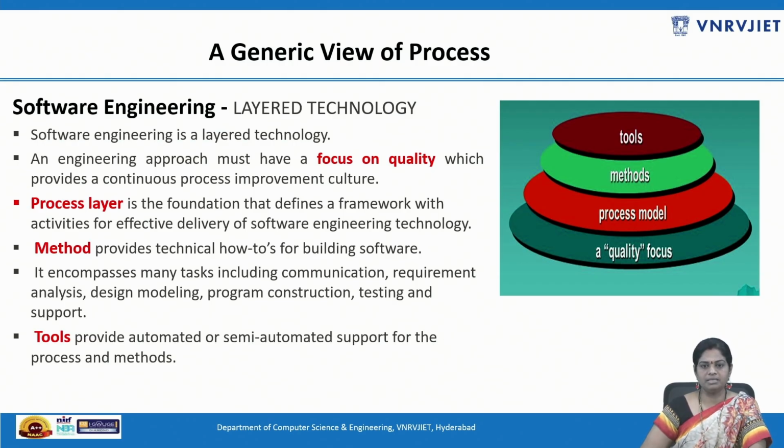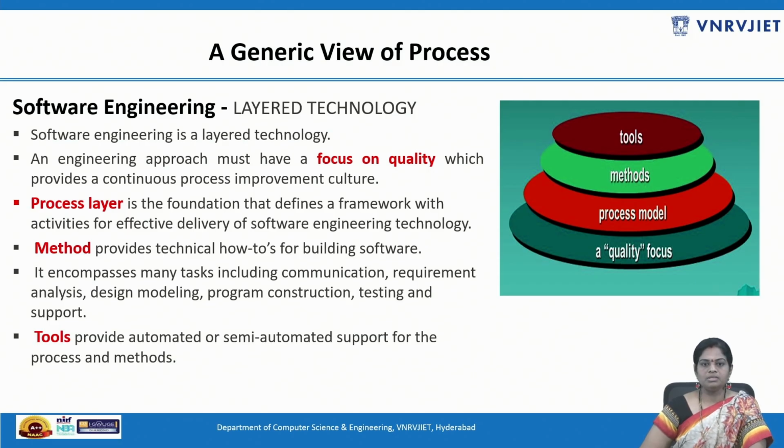Coming to the methods layer, these contain an array of tasks that include communication, requirement analysis, design, program construction, testing and support. Software engineering methods rely on a set of basic principles that govern each area of technology and include modeling activities and other descriptive techniques.